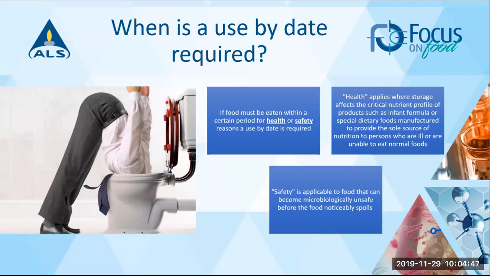Safety applies where pathogenic microorganisms and their toxins are able to proliferate in the food to such an extent that anyone who consumes it could become ill. Where this occurs before the food noticeably spoils, a use by date is required. You'll remember from the first couple of Focus on Food webinars on basic food microbiology that pathogenic bacteria grow more quickly than spoilage yeasts and molds.